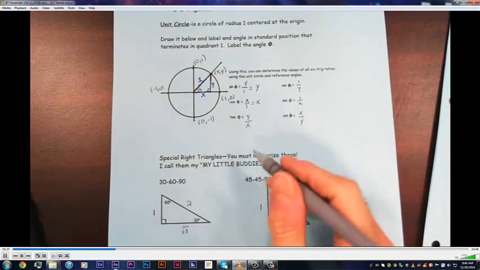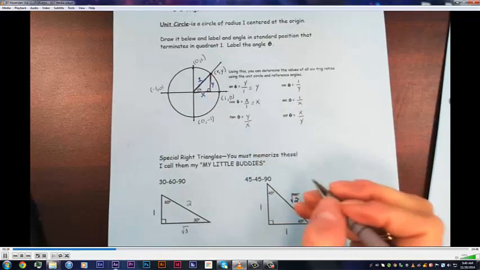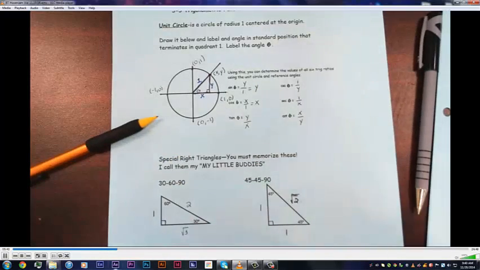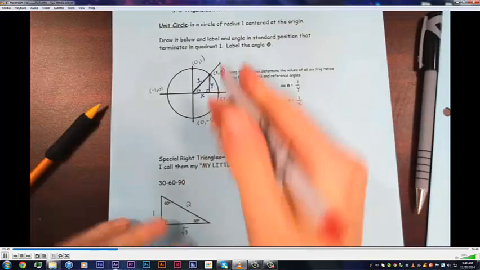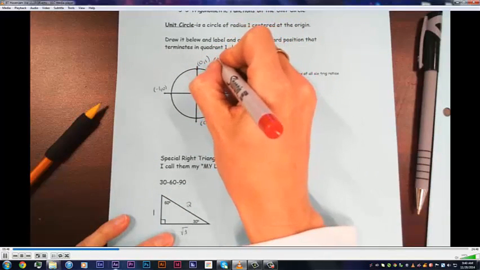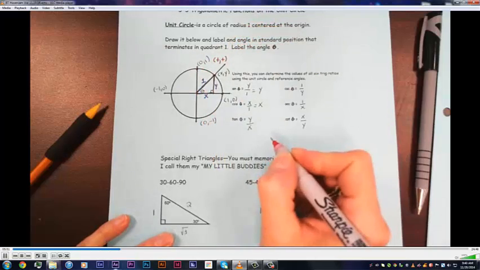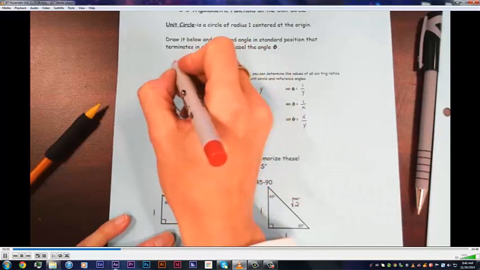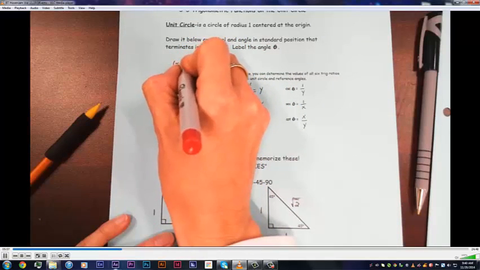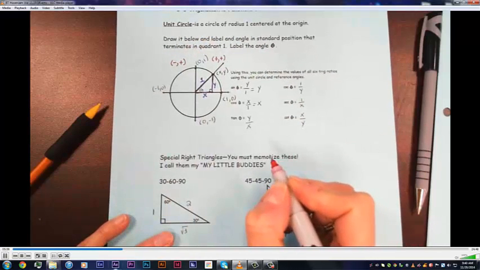I just want to talk about the quadrants and the positive and negative values in a quadrant. In the first quadrant, the ordered pairs are positive, comma, positive. In the second quadrant, your ordered pairs have a negative x value but a positive y value.